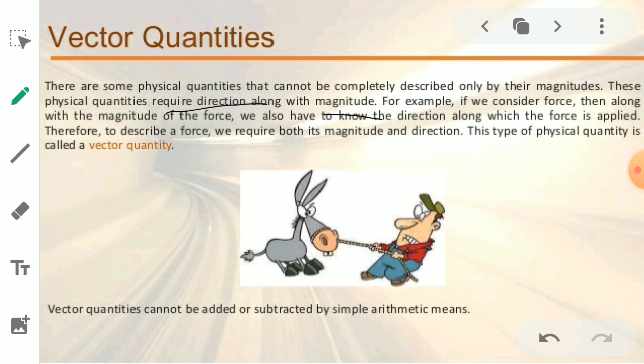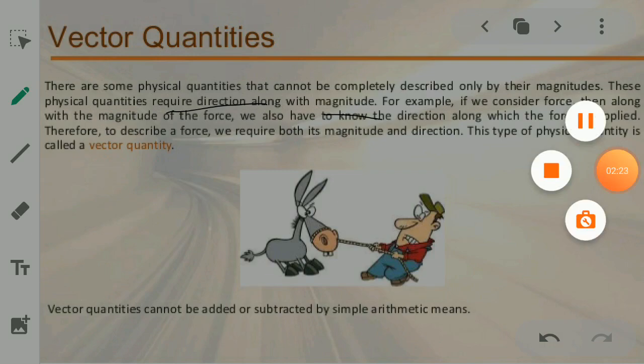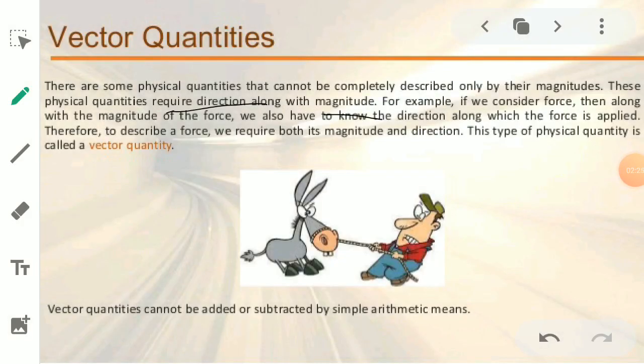So here both the magnitude, the value, and the direction are describing the force. Then we can say that force is a vector quantity. So a physical quantity which has a magnitude as well as a direction is known as a vector quantity. So this is the basic difference between a vector quantity and a scalar quantity.